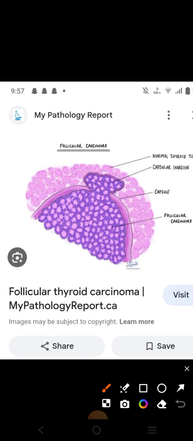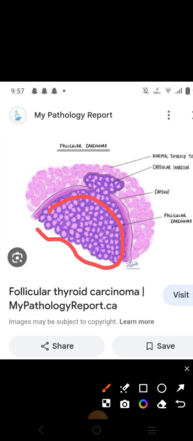If anyone asks you to differentiate between adenoma and carcinoma, the one answer that you must give is that I will see the capsular thyroid interface first, and then I will tell you whether it is carcinoma or adenoma. Here you can see that there is crowding of follicles.